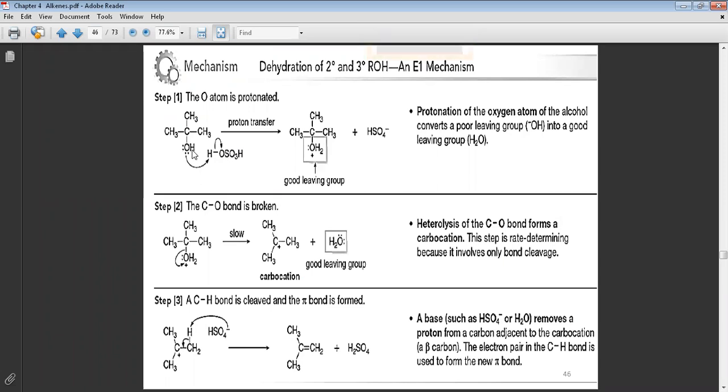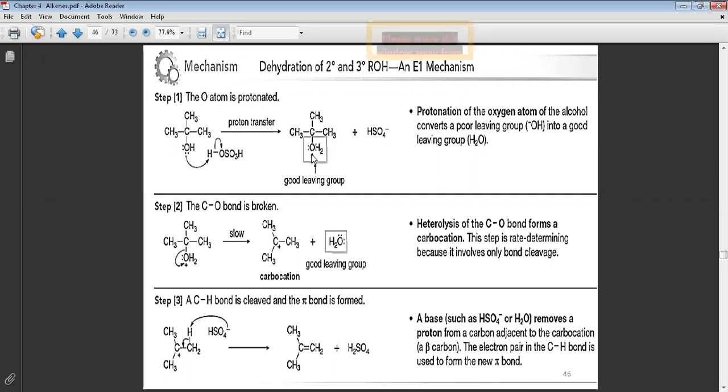The OH group can act as a nucleophile or as a base because we have a lone pair of electrons. This lone pair attacks the proton of the acid, because the acid is a proton donor and it will give you a proton. That means the OH takes a proton from the acid and gives you OH2 positive.